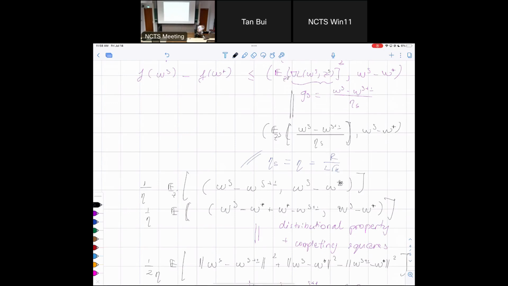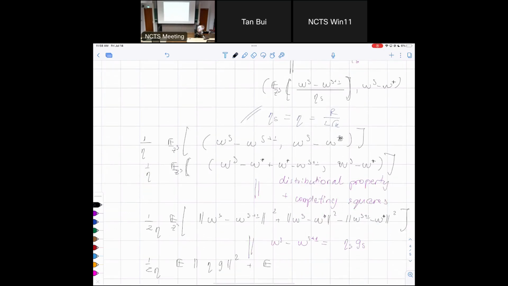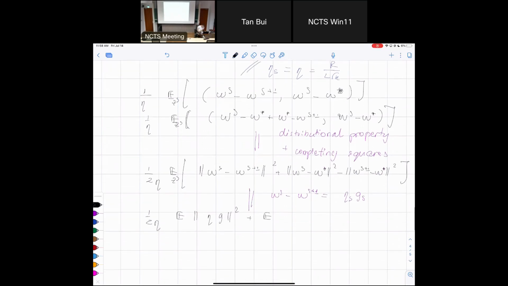To be G_S with respect to G_S, expectation with respect to G_S, the new random variable G_S, and then expectation with G_S, and then this is W_S minus W star square minus W of Z_S, expectation of Z_S, W_S plus 1 minus W star square.